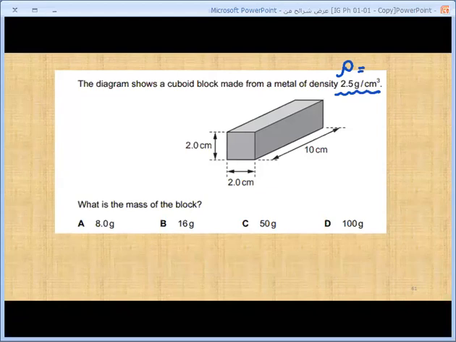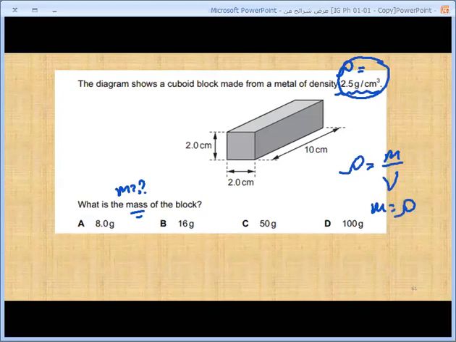So this is rho. What is the mass? He's asking about the mass. So where is the volume? I need volume, since rho equals m divided by v, so m equals rho times v. Where is the volume? The volume is given here.